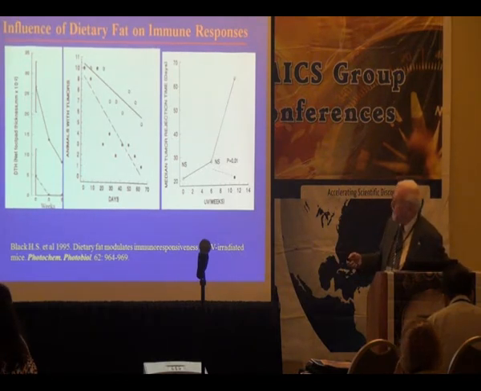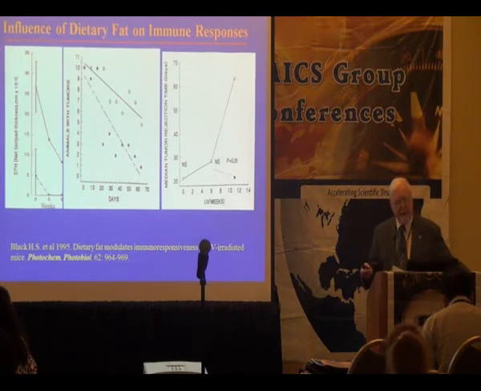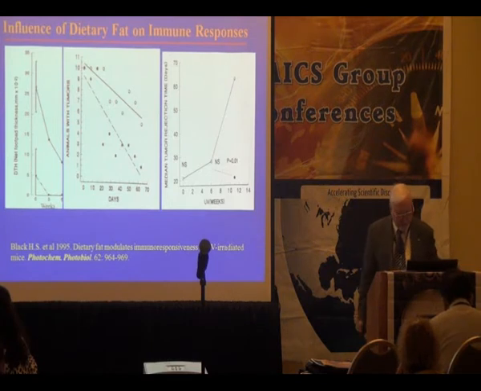And I think you saw this slide perhaps the other day, but if you have a low dietary fat level as compared to a high dietary fat level, you get immunosuppression with this high fat. And of course, this means that you're producing more immunosuppressing materials through the cyclooxygenase pathway.